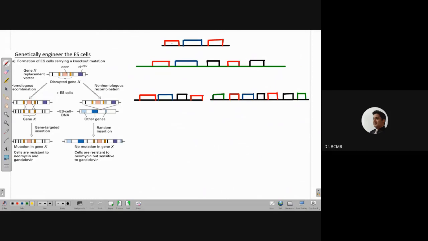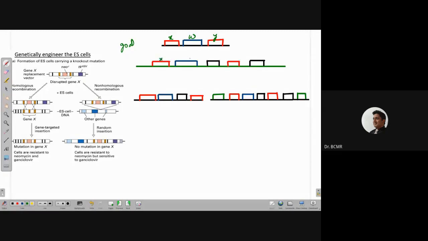So the goal is, this is gene X and gene Y, and assume this is gene W. My goal is to put gene W between X and Y, and nowhere else, and no other gene should be introduced during the process.